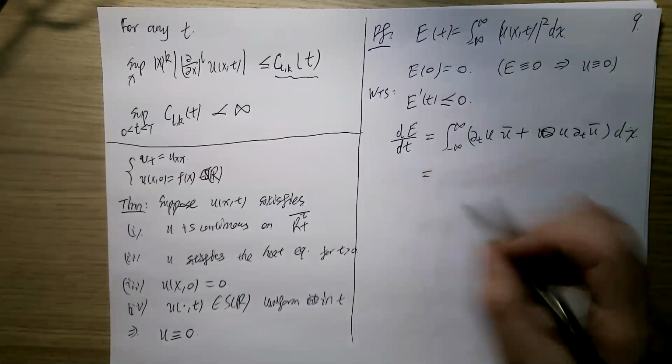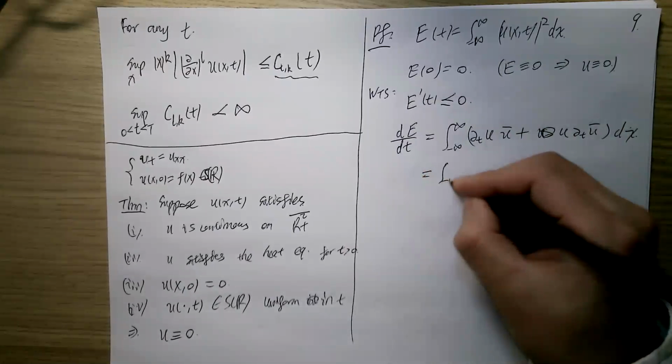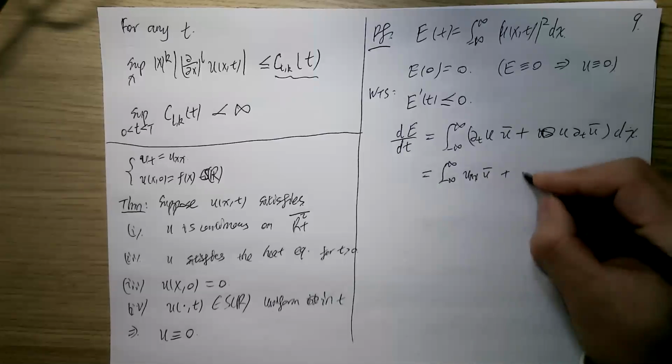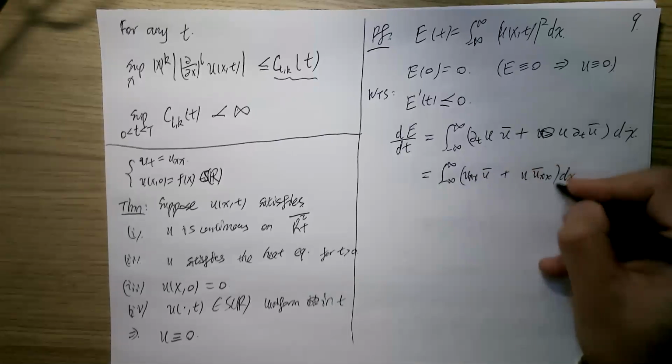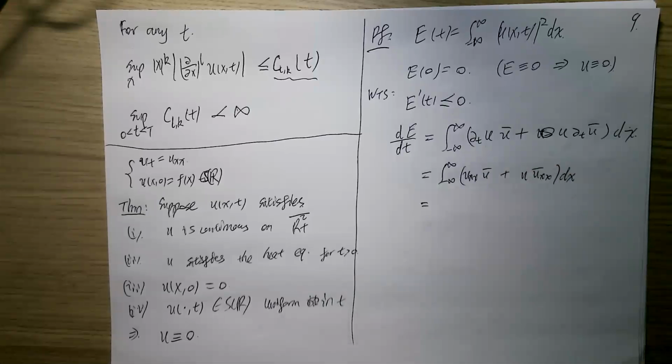And we know that partial t of u equals u_xx. Right? Now, what we can do is integration by parts.